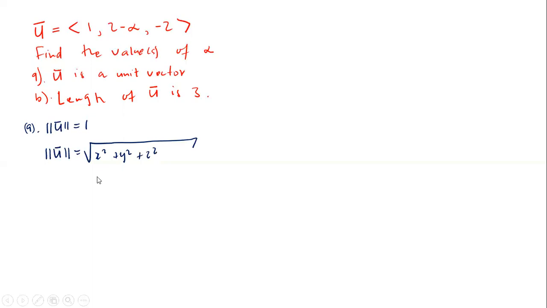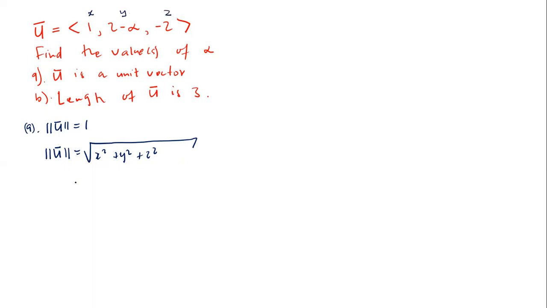After writing this formula, we substitute our x, y, and z values. Remember, we are given vector u, where we have x, y, and z.